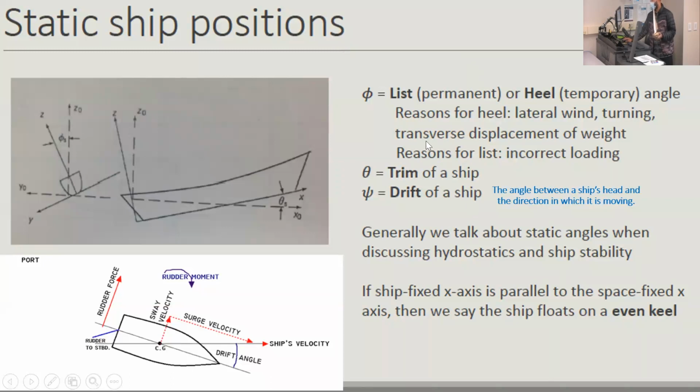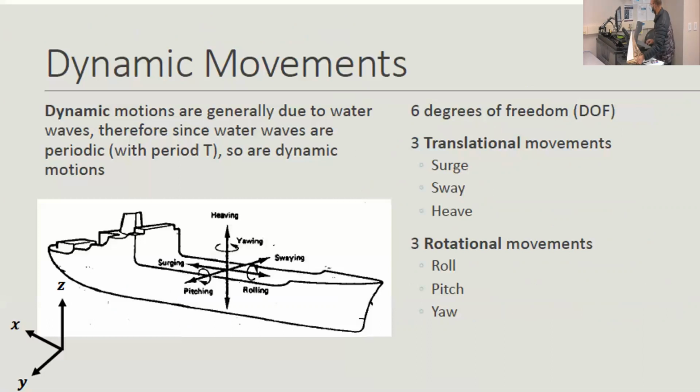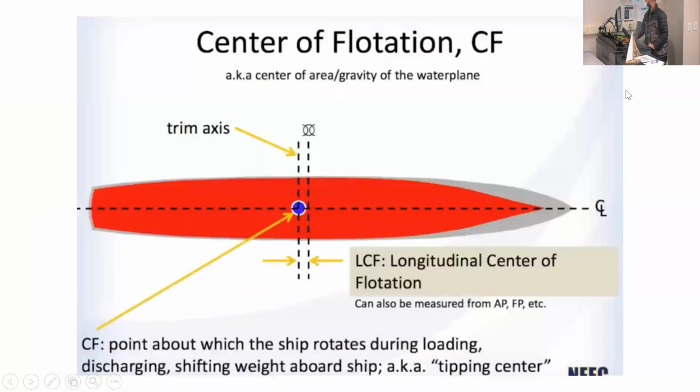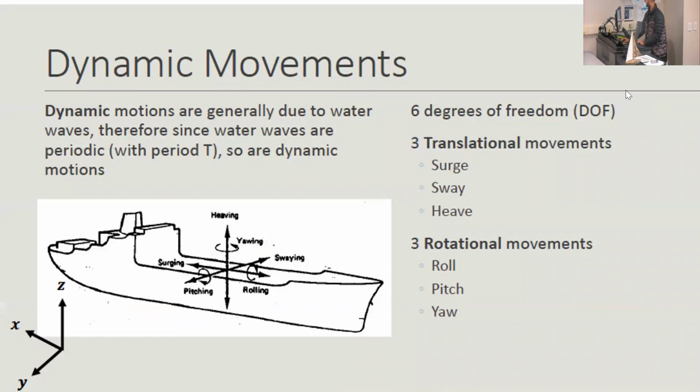Roll, pitch, yaw. These are static angles, and dynamically we call them roll, pitch, and yaw. So roll is list, that's rolling about the longitudinal axis. Pitch would be changing angle about the lateral axis, and yaw is about the vertical axis. Okay, so that's what's mentioned here.